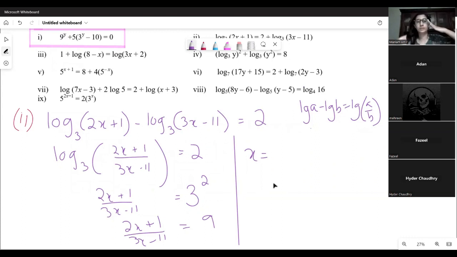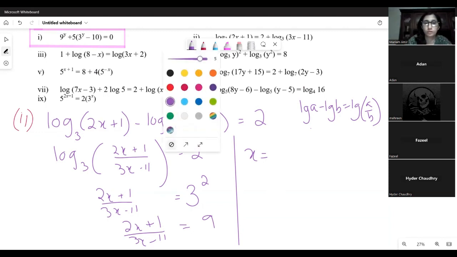Cross multiply, rearrange, divide. Four is coming, ma'am. Correct, x equals 4. I hope everybody got that.